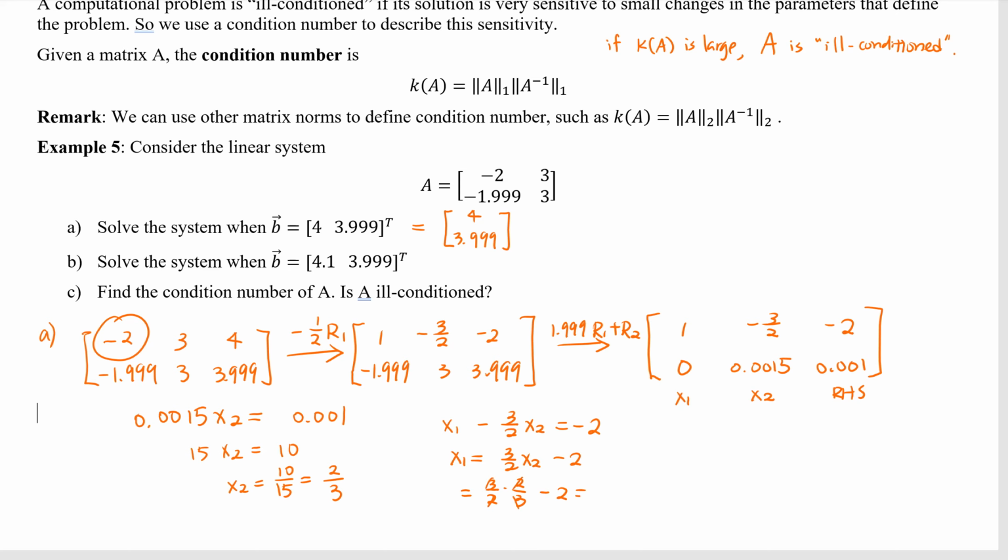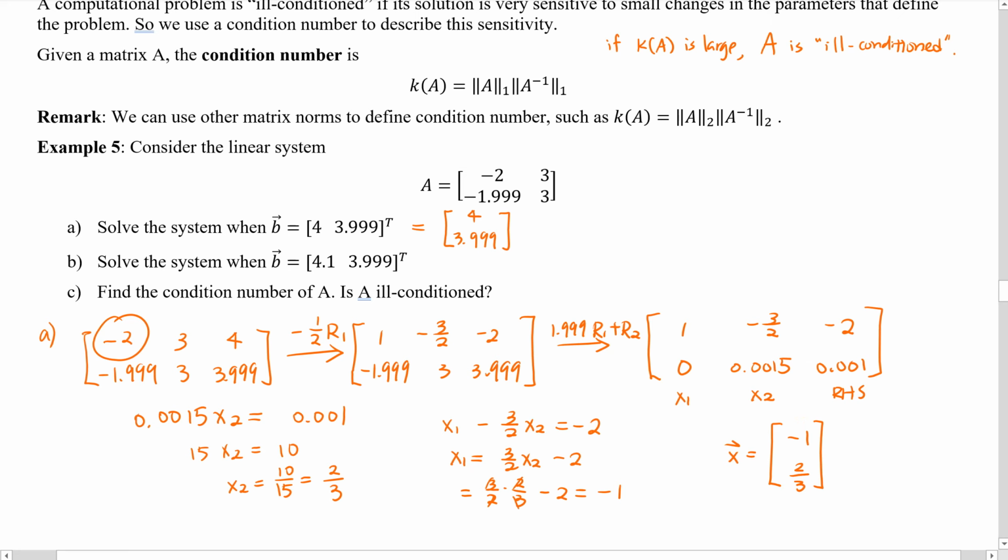We just have 1 minus 2, which is -1. Oops, so x1 is -1. Be careful. And then x2 is 2/3. Yes, check our answers. So that is part A.